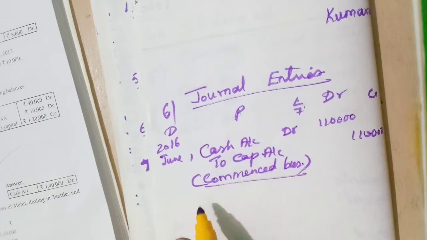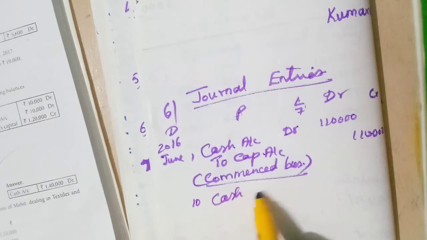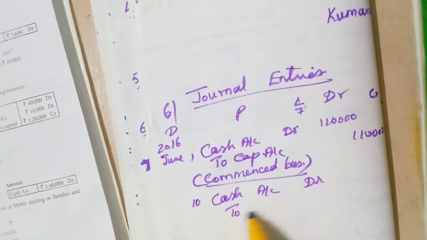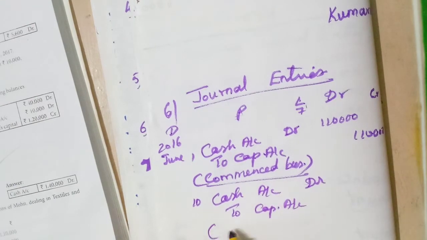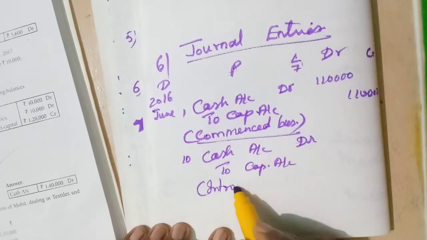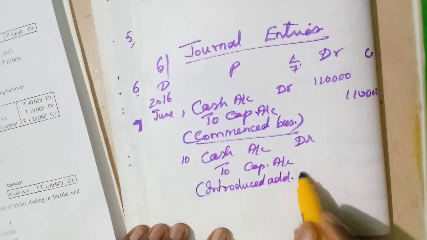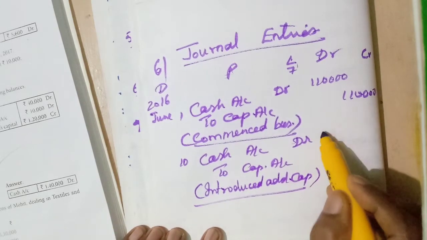Then next one, introduced additional capital. Again 10th. Same entry, isn't it? Cash account debtor to capital account. You have to write the full word, capital. Then same, introduced additional capital, 50,000.